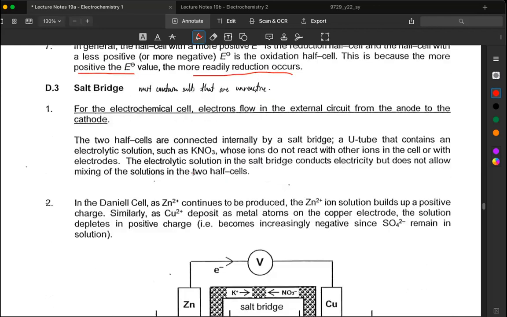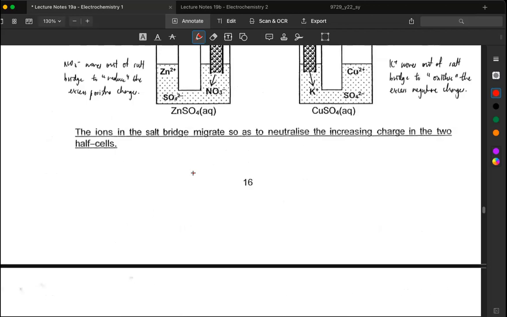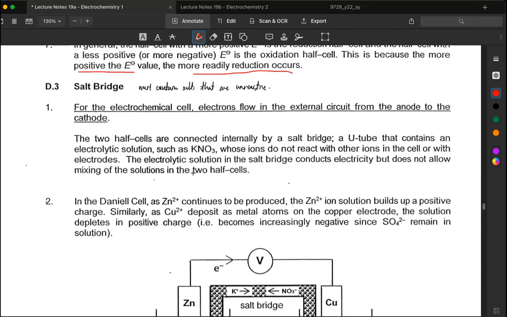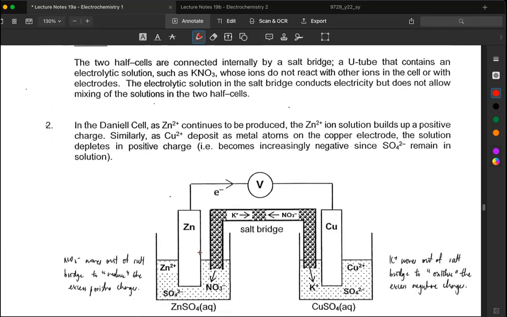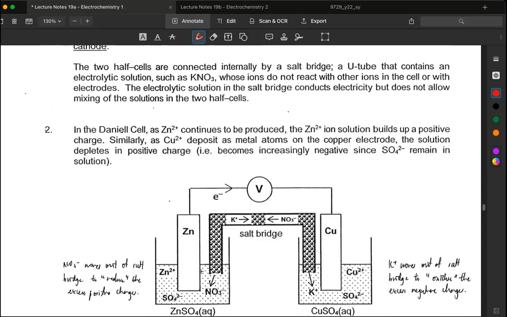So the salt bridge, let us elaborate a bit more. For the electrochemical cell, the electrons flow in the external circuit from the anode to the cathode. The 2 half cells are connected internally by a salt bridge. We call it a U-tube, which contains an electrolytic solution.